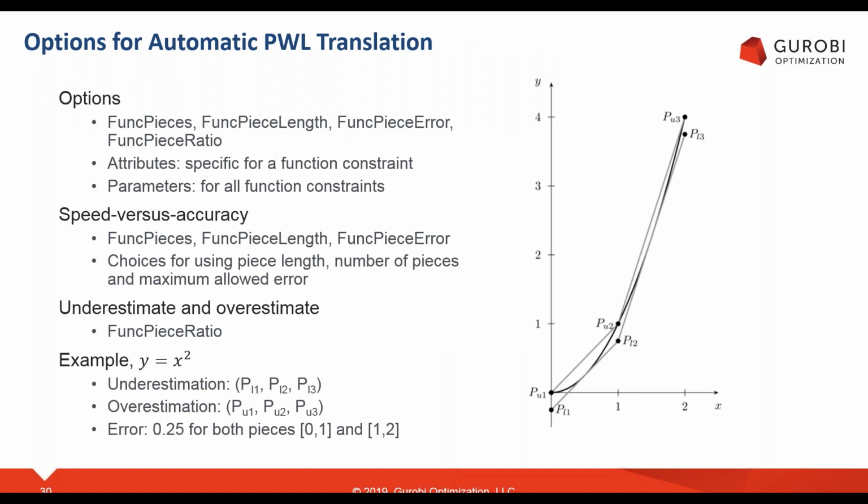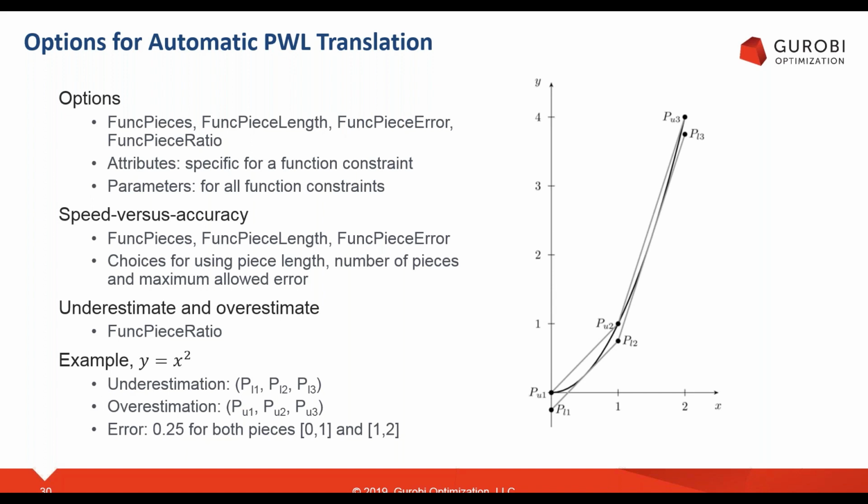Okay, so let's take a closer look at the individual options that you can set in order to control how the piecewise linear approximation is being done. So there are 4 attributes here: func pieces, func piece length, func piece error, and func piece ratio that you can specify individually for each piecewise linear function constraint.